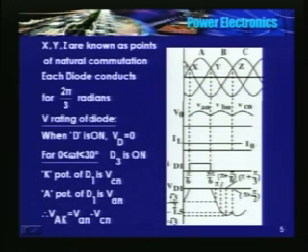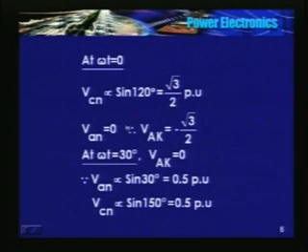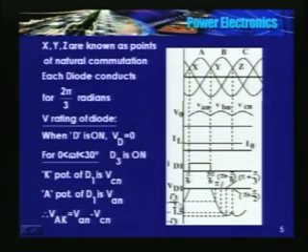The instantaneous value is sine 120, that is root 3 by 2 per unit. VAN is 0, therefore VAK is minus root 3 by 2. So I have shown it here. At this instant, voltage across the diode connected to phase A is minus root 3 by 2, it is blocking.